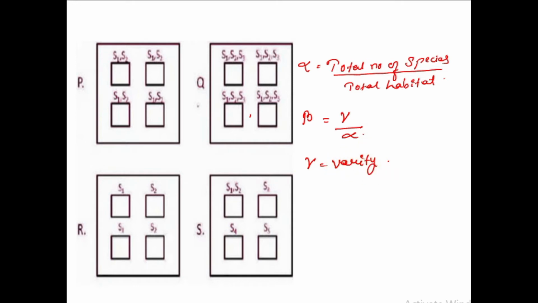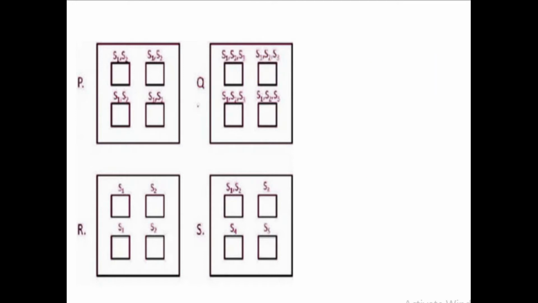Now, let us see. Here we have S1, S2, here S1, S2, and so on. For calculating alpha, we need the total number of species.